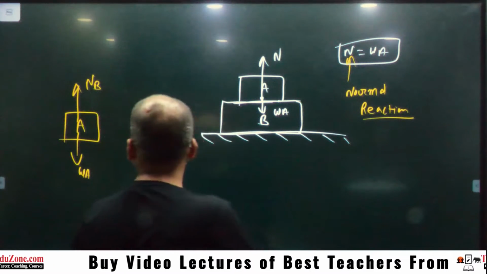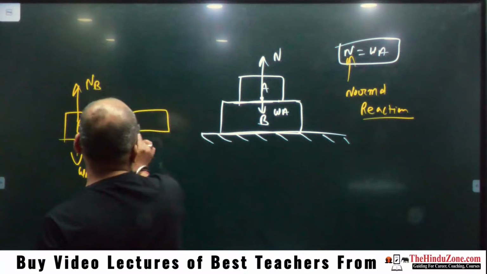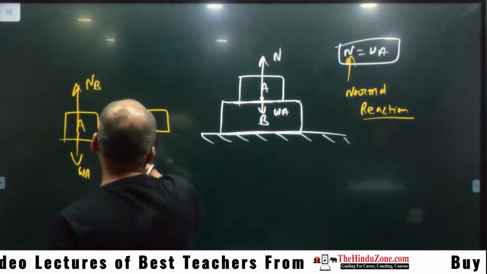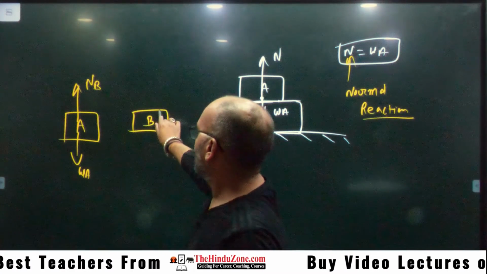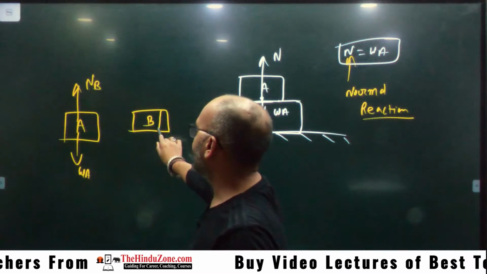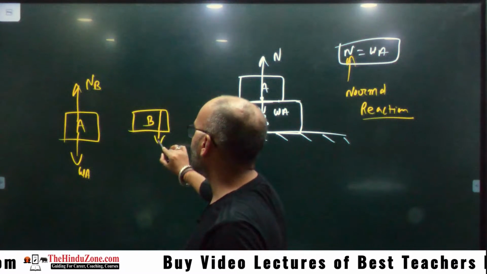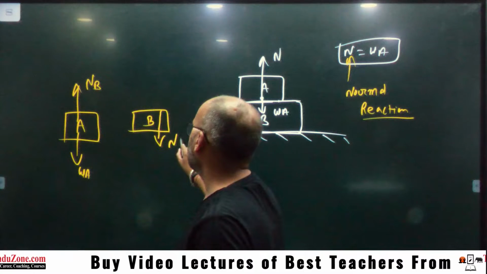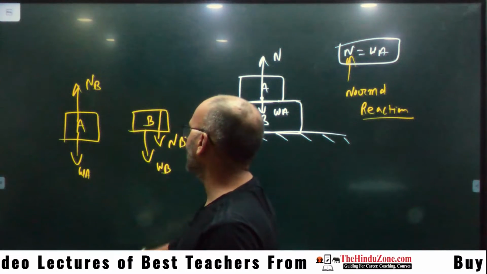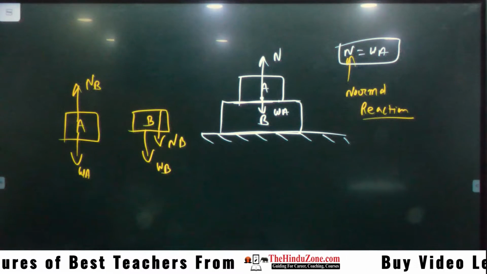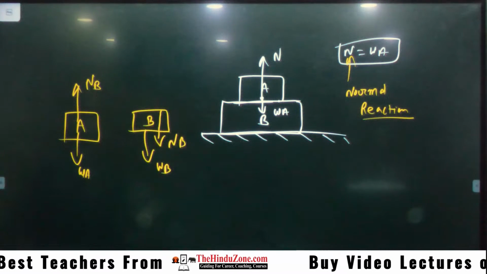Right? If I talk about B, please see, then what will happen in B? Can I say that a normal reaction NB is acting in the downward direction and weight of B is also acting in the downward direction? Sir, can't you say that ground is... Yes, sir.